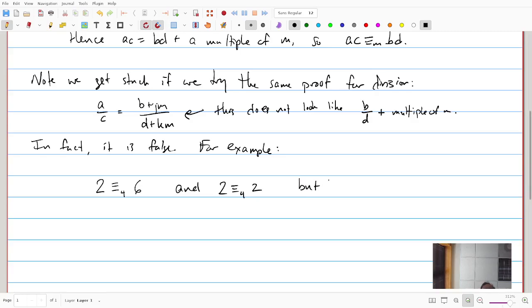But if I divide these, 2 divided by 2 and 6 divided by 2, right? 2 and 6 are equivalent, 2 and 2 are equivalent. When I divide them, what do I get? I get 1 and 3. Those are not equivalent modulo 4. So this is equal to 1, and this is equal to 3. 1 and 3 aren't the same modulo 4.